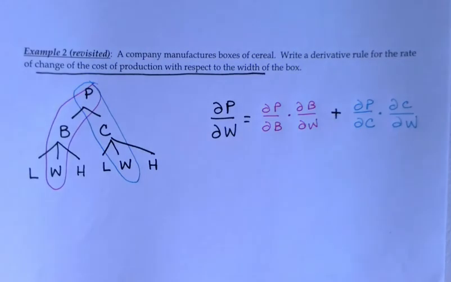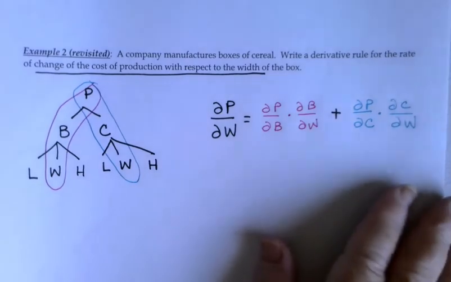And there's my chain rule form for that particular setup. All right, so if you're getting the idea of how we create these chain rule formulas, let's take a look at a couple of specific examples now.